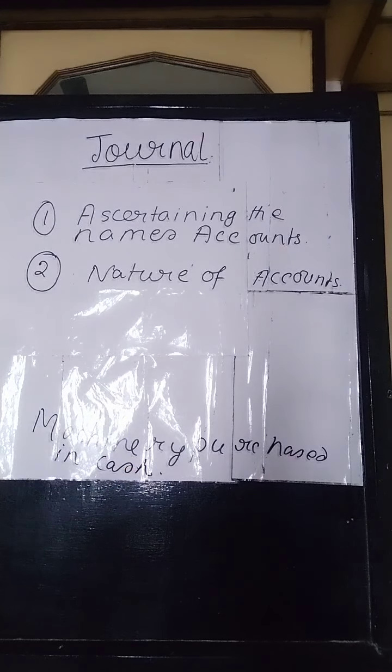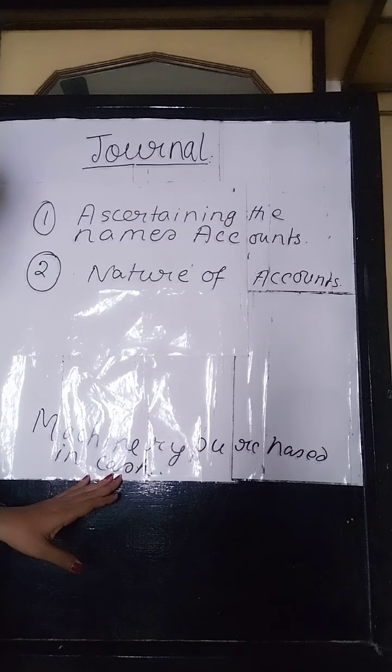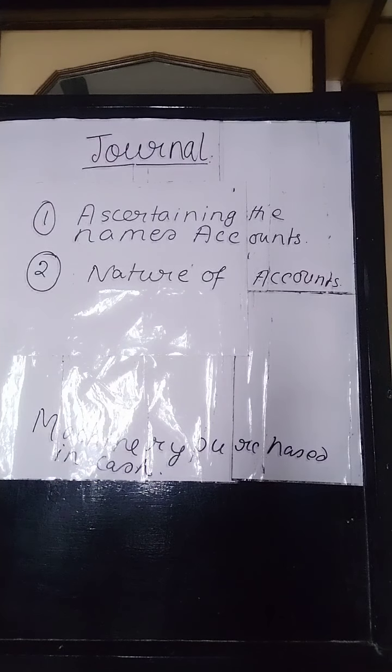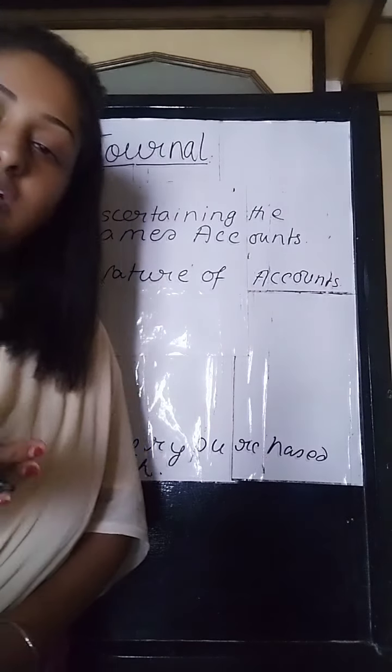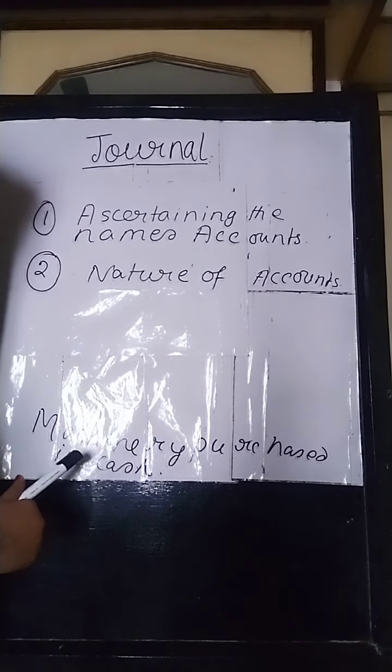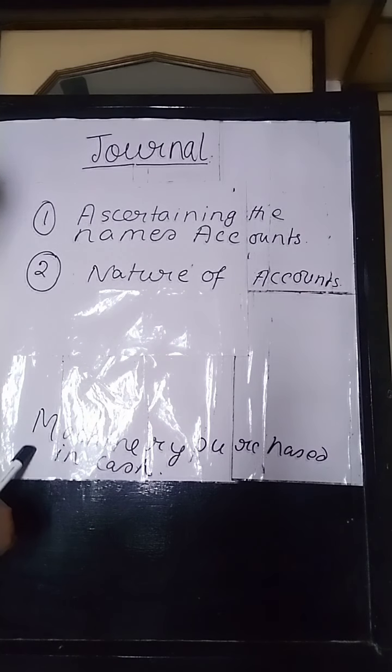This is a business transaction given to you. So these types of business transactions will be given to you one after the other, date wise. Suppose this is one business transaction.